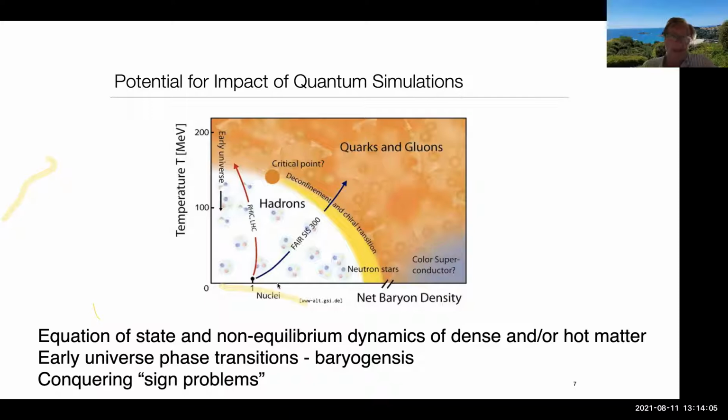And the challenge that we have is that moving up in net baryon density, by introducing either a chemical potential or through explicitly including particles in a finite volume, there are sign problems that are encountered for Euclidean space calculations, which require exponentially growing classical resources, and we won't have enough resources to get the precision that we need.